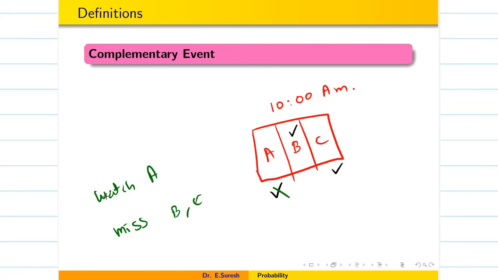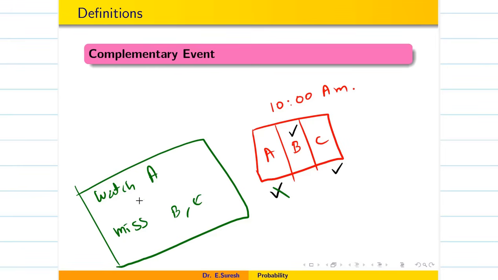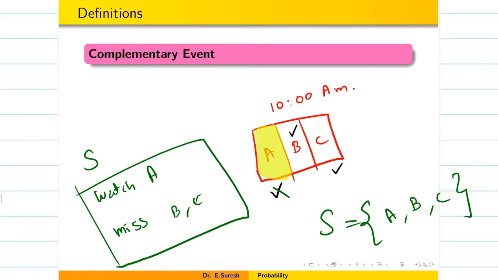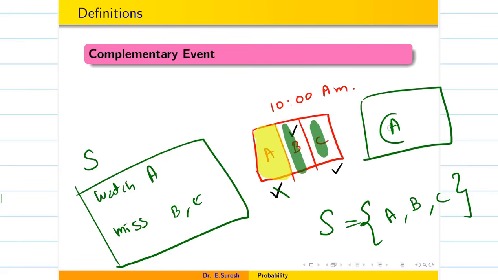Together, it is my sample space. So in my sample space, I have the possibility either I will go to movie A, B or C. If I see movie A, what is the remaining thing? I am going to miss the movie B as well as the movie C. Okay, so A I am going to watch and I am going to miss B and C. This is my sample space.